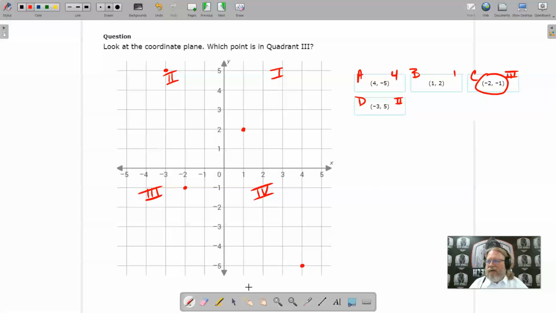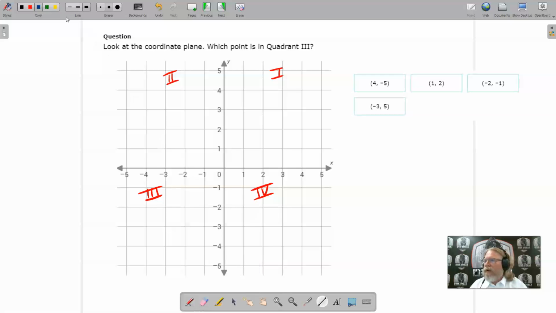Now, I could have done this a little bit easier. I didn't actually have to plot all of these, because there is something interesting about the coordinate plane: we can tell what quadrant they are in by whether the X values and Y values are positive or negative.